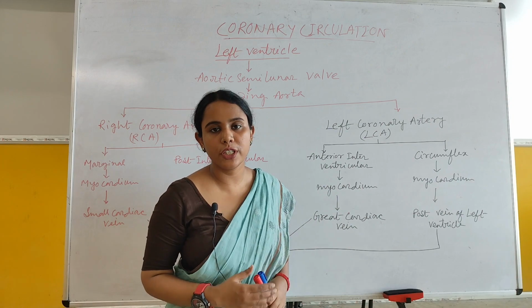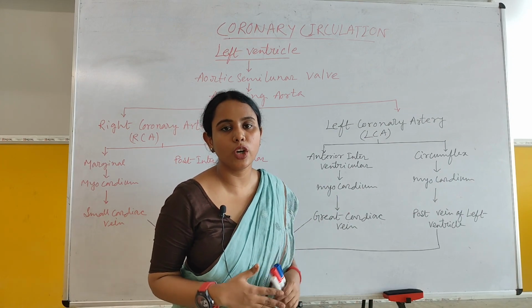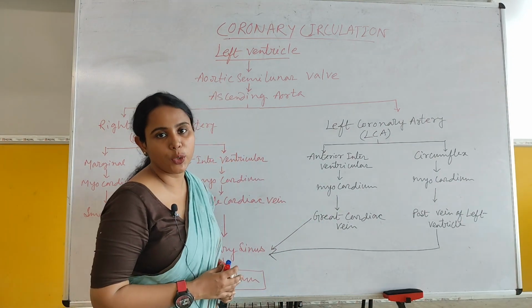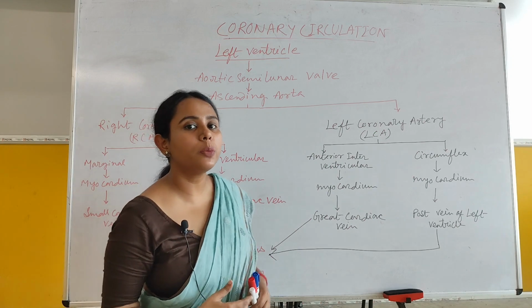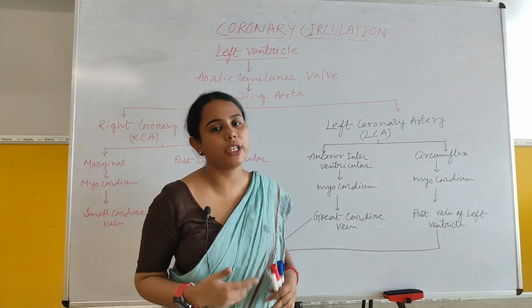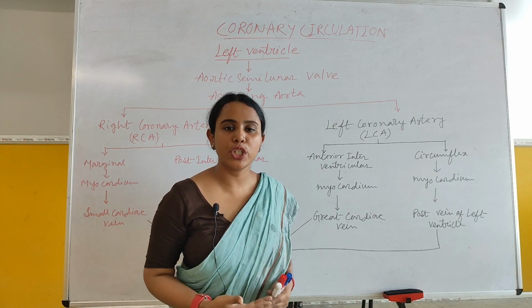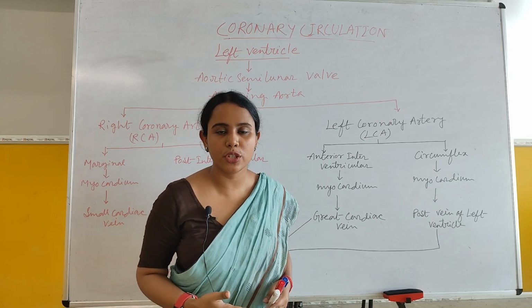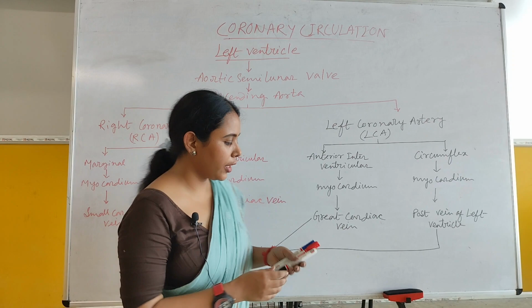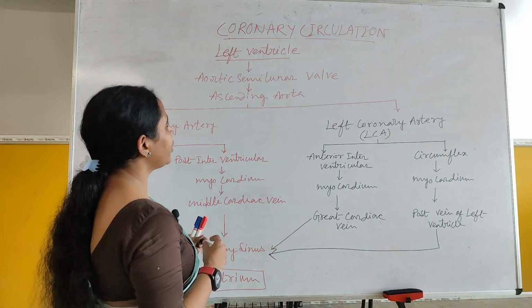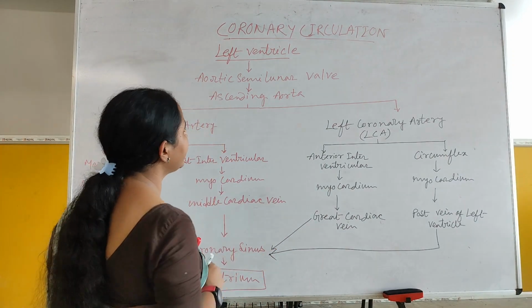With the help of this flow chart, we will see the whole story of coronary circulation. Now we all know the position of the right and left coronary arteries, their origin, their branches, their area of distribution, already known.